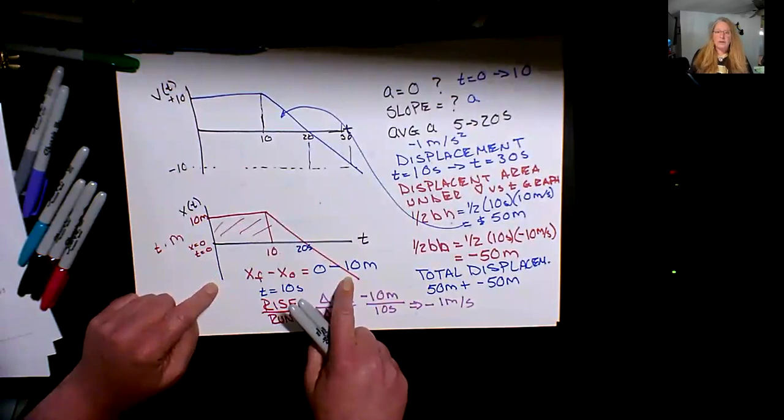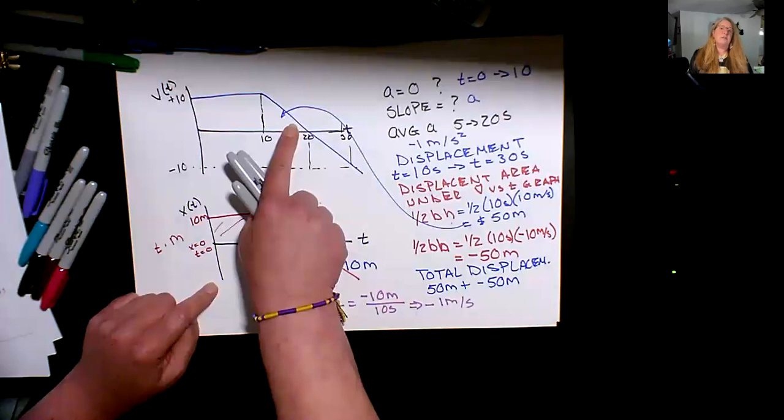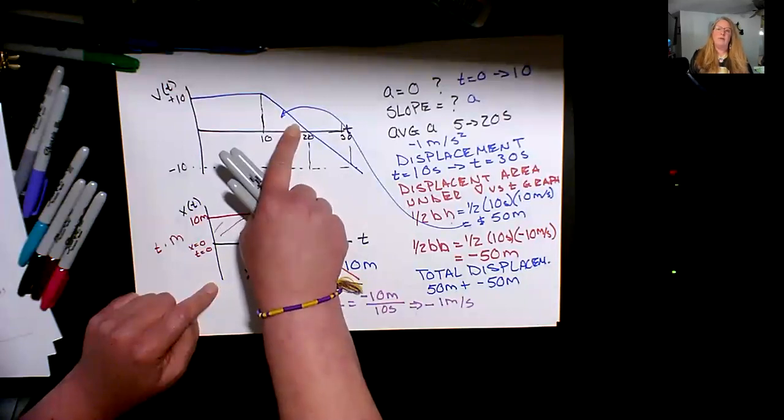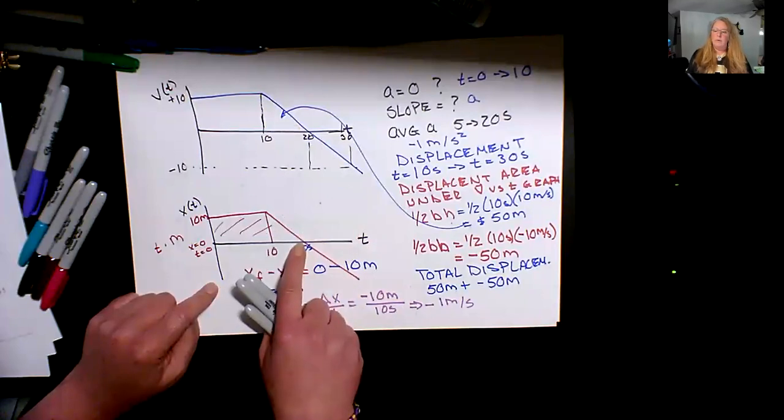So when we looked at that in terms of acceleration, we said that for acceleration, it just meant I'm slowing down above the axis, and below it meant I'm speeding up. Well, this one means I'm heading away from the origin. I'm sorry, heading towards the origin.